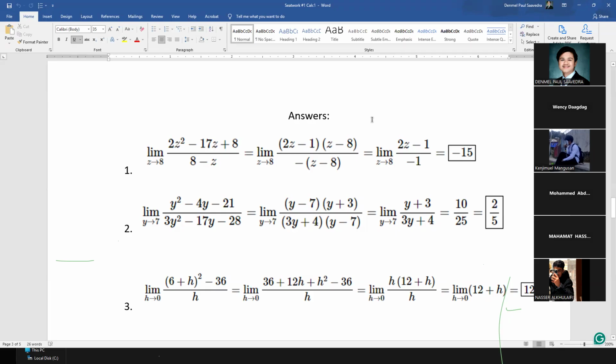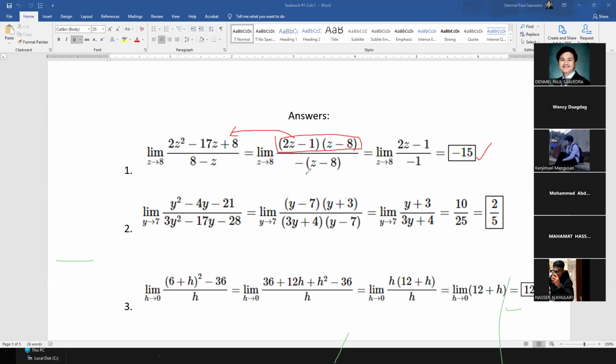Did you guys get the idea so far on how we got negative 15? Again, we factor this out. You can prove it: once you multiply these factors together, you will get this. For the denominator, we multiply by a negative sign: negative times z is negative z, negative times negative 8 is positive 8.